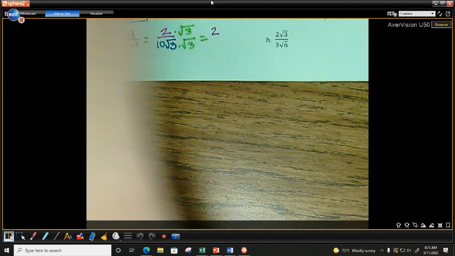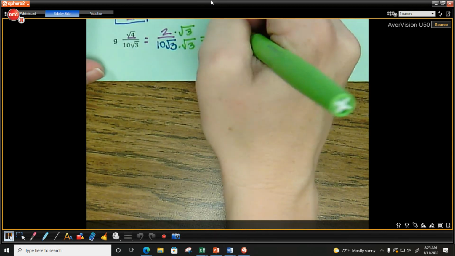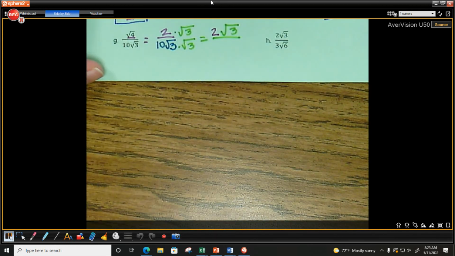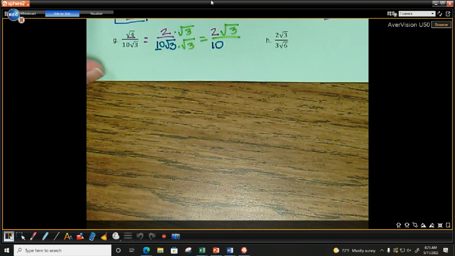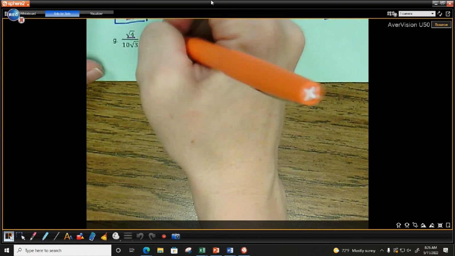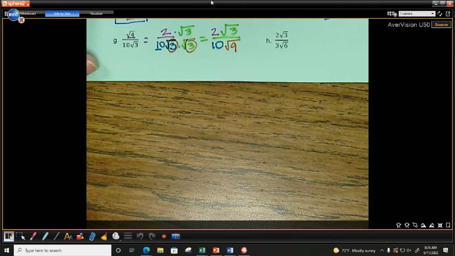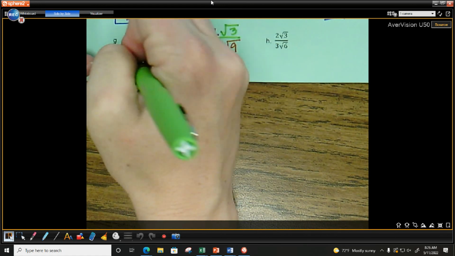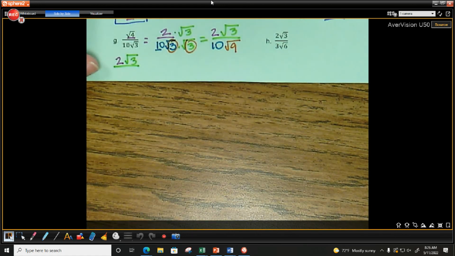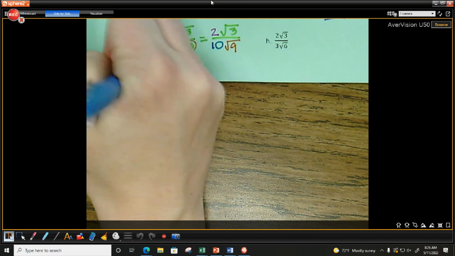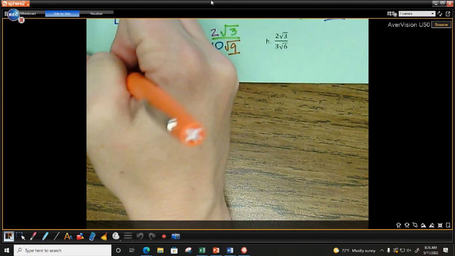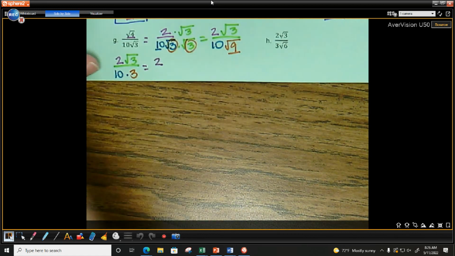And in the denominator? 10 over square root 9. 9. So then I get 2 square root 3 over 10 times 3. So I get 2 square root 3 over 30.